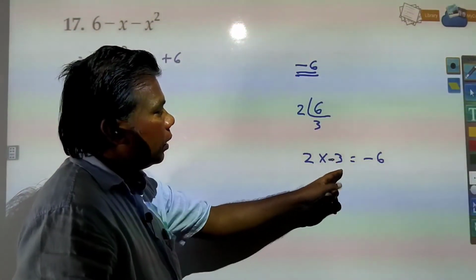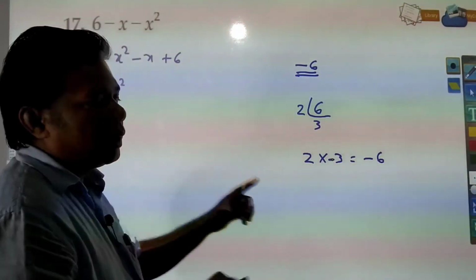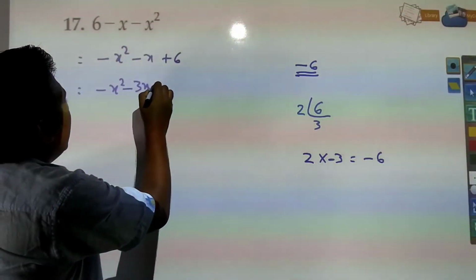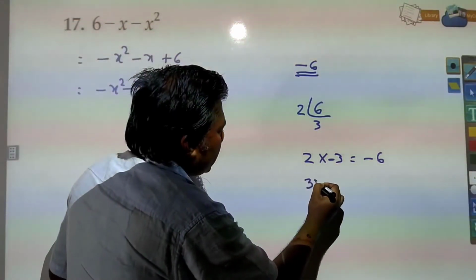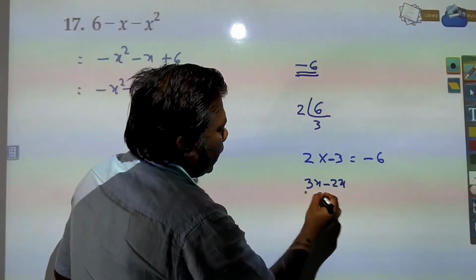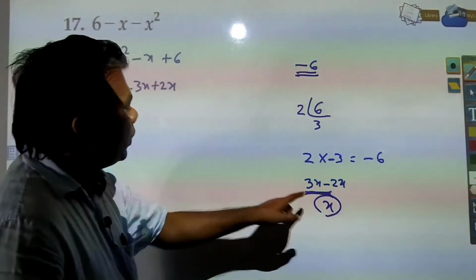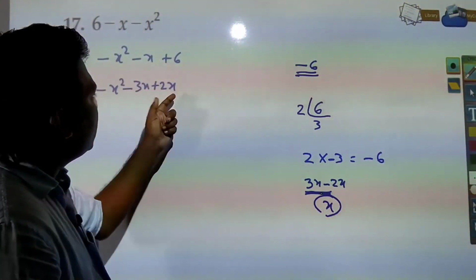If you are adding 2 and minus 3, you will get minus 1. So here we will write minus 3x and plus 2x. Otherwise, if you write 3x minus 2x, then you will get plus x. But plus x we don't have, we have minus x, and that's why minus 3x plus 2x we need to write.